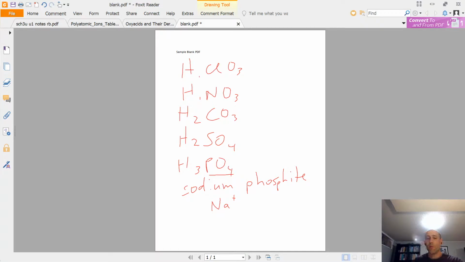So instead of PO4, it's going to be PO3. You also need to know its charge, and its charge is the number of hydrogens it lost. It used to have 3 hydrogens, so it must have a 3 minus charge. Now you can cross the 1 down to there, so your formula's got a PO3 with only 1 of them, we don't write that, and the 3 crosses down to the sodium. Na3PO3, sodium phosphite.